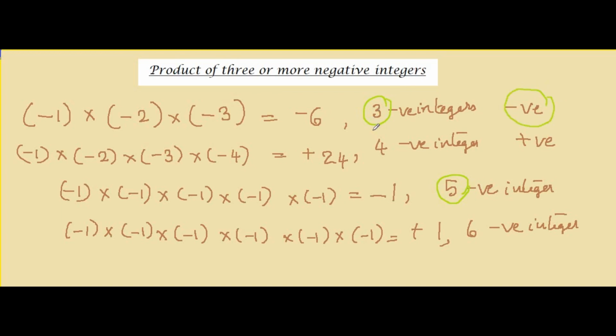And when you multiply an even number of negative integers together, the answer will be positive. So, the product of an even number of negative integers is a positive integer, and the product of an odd number of negative integers is a negative integer.